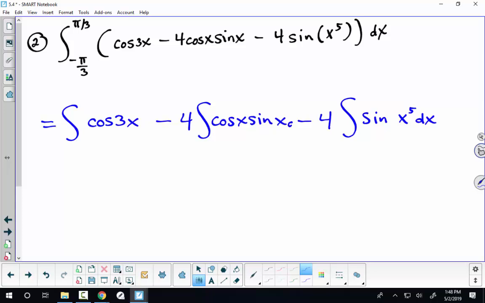I forgot my dx's. So I just want to split that up, the properties of integrals distribute across sums and differences. And my bounds are still from negative pi over 3 to pi over 3.